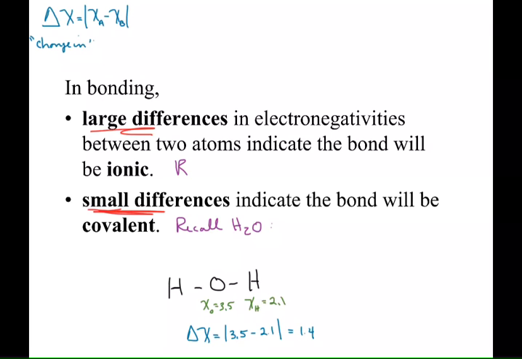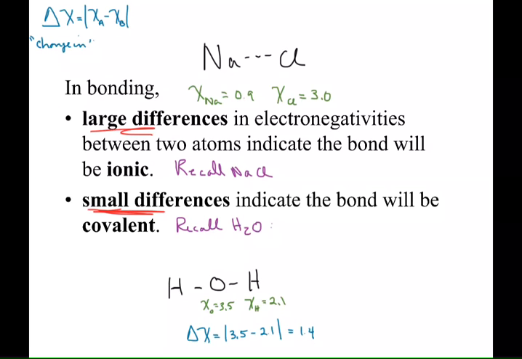I want to now take a look at the ionic compound we looked at before. We saw an electron transfer always from the metal to the nonmetal, from the sodium in this case to the chlorine. Remember, metals have low electronegativity values. Sodium's a metal, so it has an electronegativity value of 0.9, chlorine 3.0.